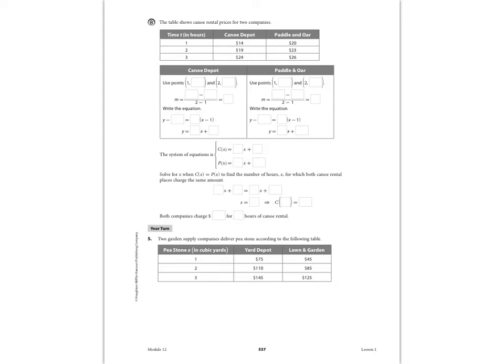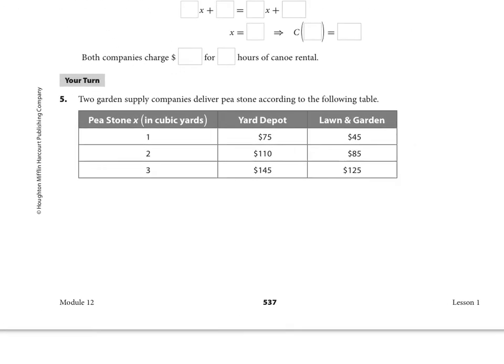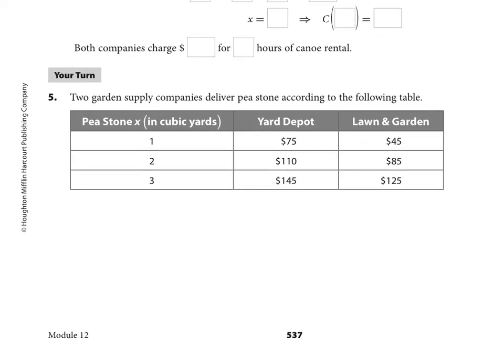On page 537, we have a table. Again, we want to do the same thing here. We want to find out when the cost of these two different services, in this case, two different stores, or two different companies, when they will cost the same, or how many of these P stones it will take for it to cost the same for both companies.